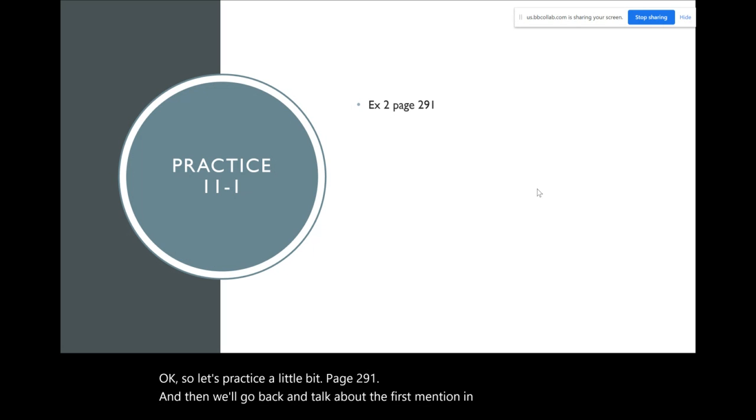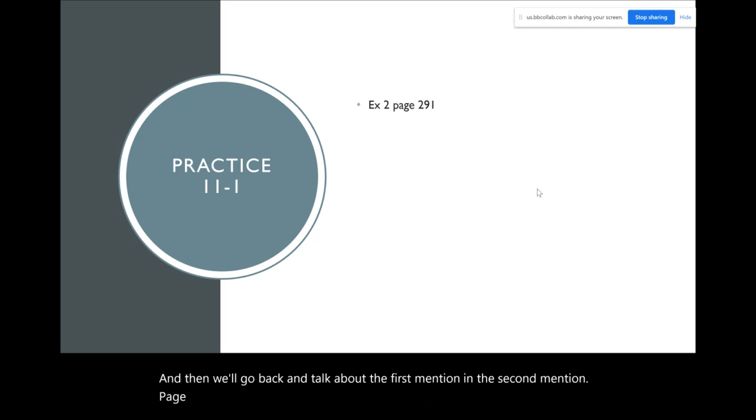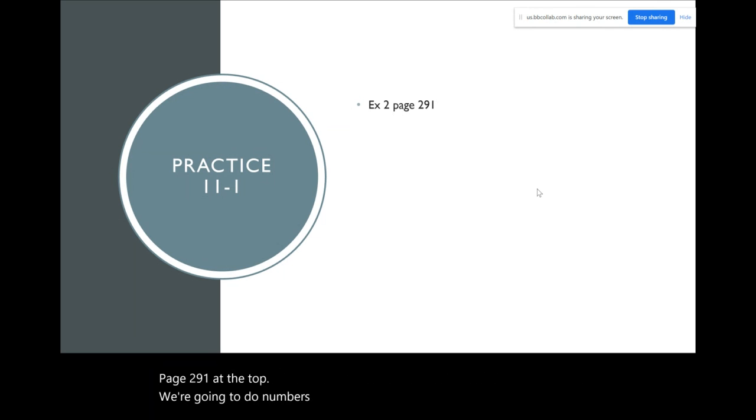So let's practice a little, and then we'll go back and talk about the first mention and the second mention. Page 291 at the top. We're going to do numbers 2 through 7. I'm going to give you 30 seconds.